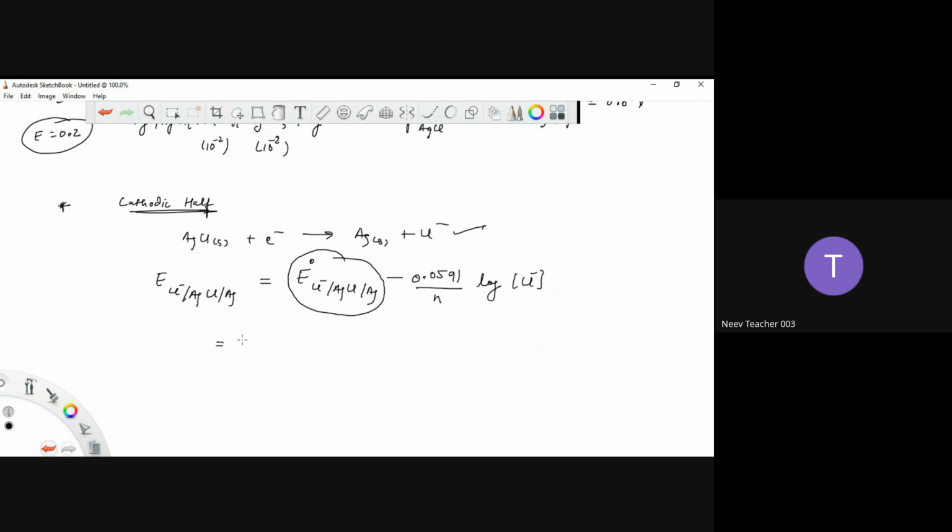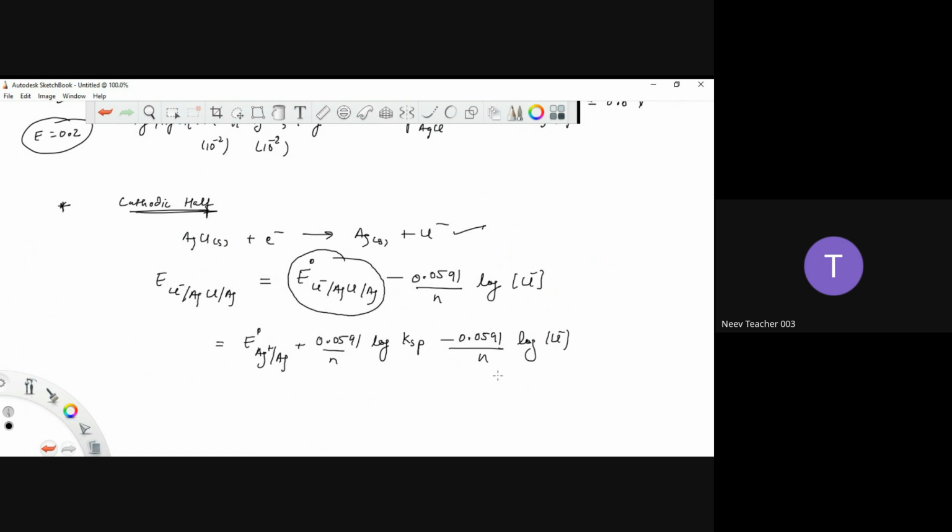Write down over here. So E naught of E cell is given as E naught of Ag plus Ag plus 0.0591 log KSP minus 0.0591 log Cl minus. Correct.